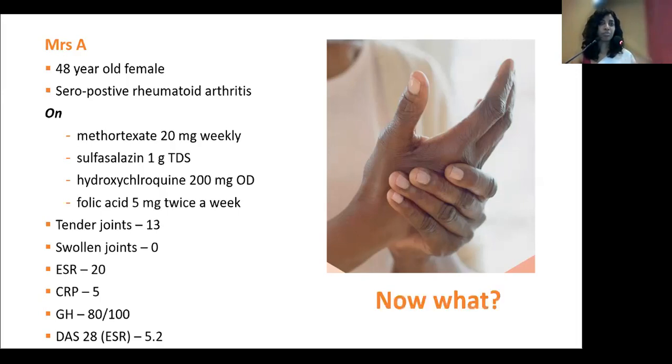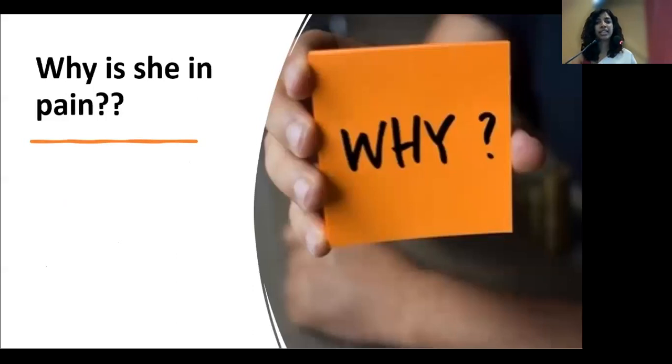Do we escalate DMARDs? To answer that question, we would first of all have to look at why she is having persistent pain while on treatment, and why it is not responding to whatever we're giving.